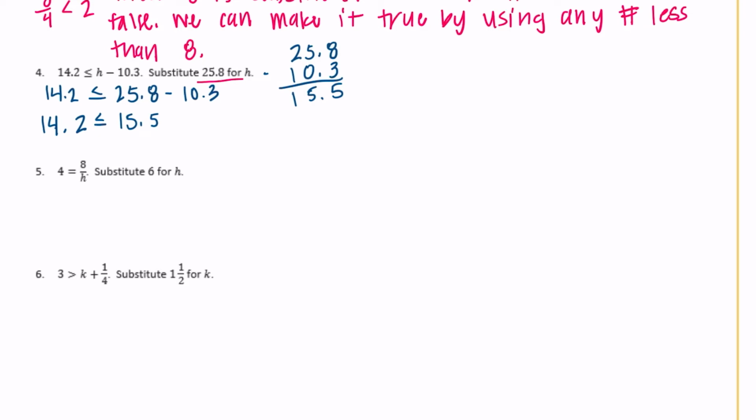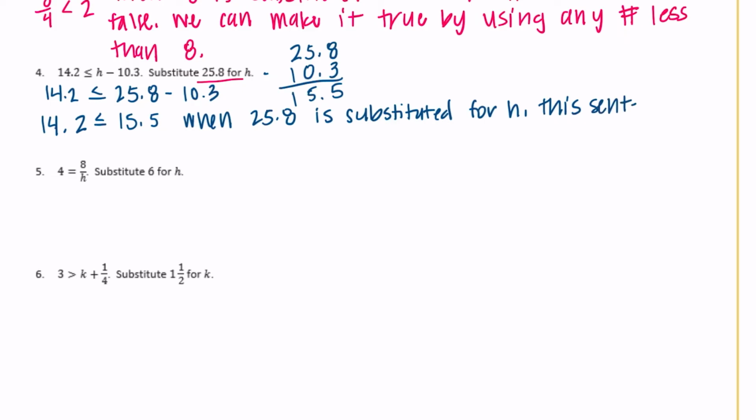So let's say when 25 8/10 is substituted for h, this sentence is true. Now, how can we make it false?